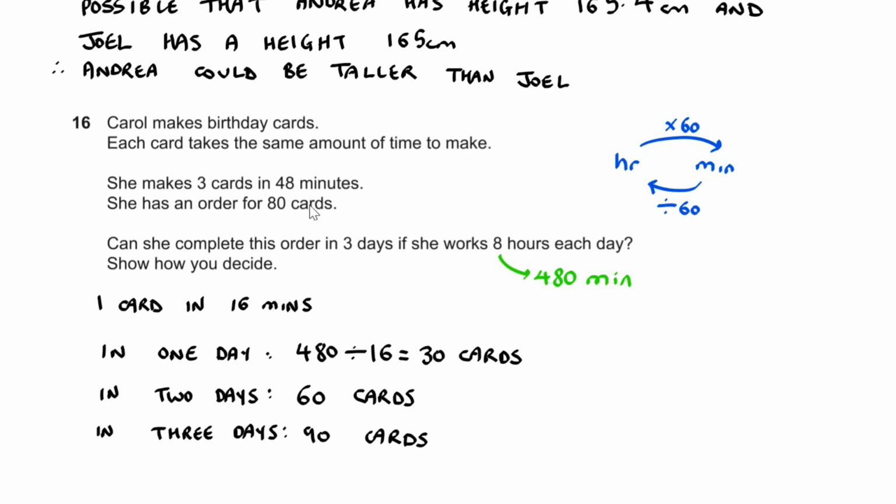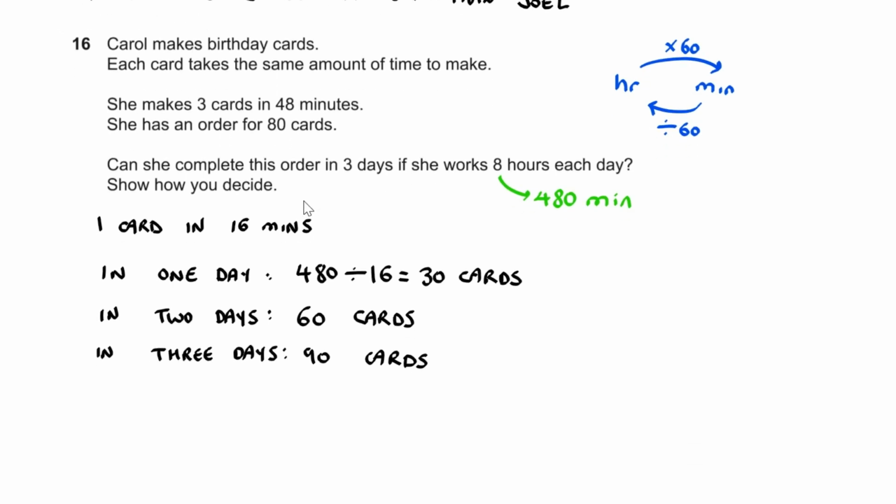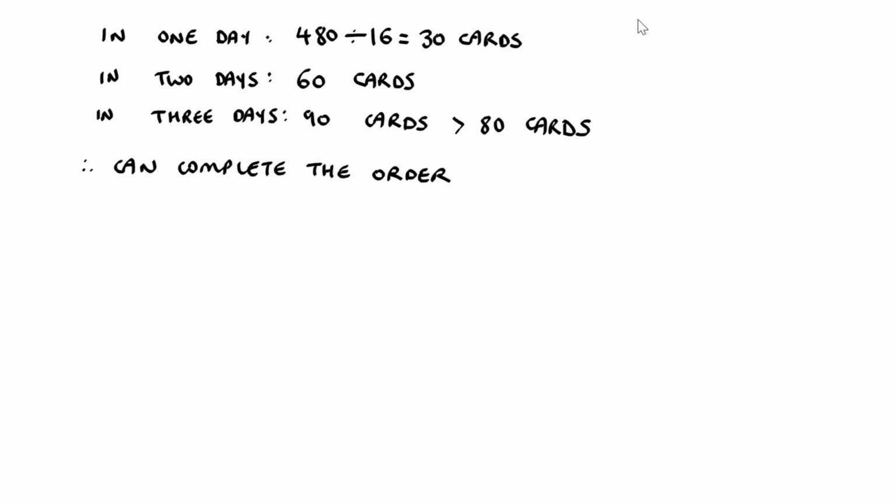So what you can see is she's got 80 cards to make, and in 3 days she can make 90 cards. Well, clearly she's got enough time to make 80 cards, because at most she can make 90 cards in 3 days. So because this is greater than the 80, we can therefore conclude that she can complete the order.